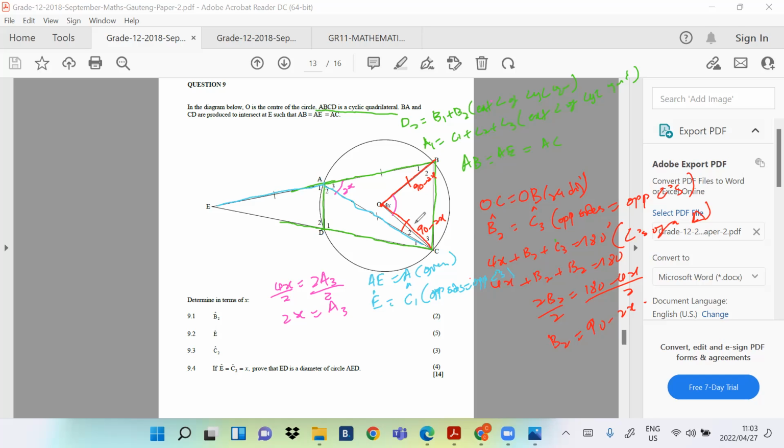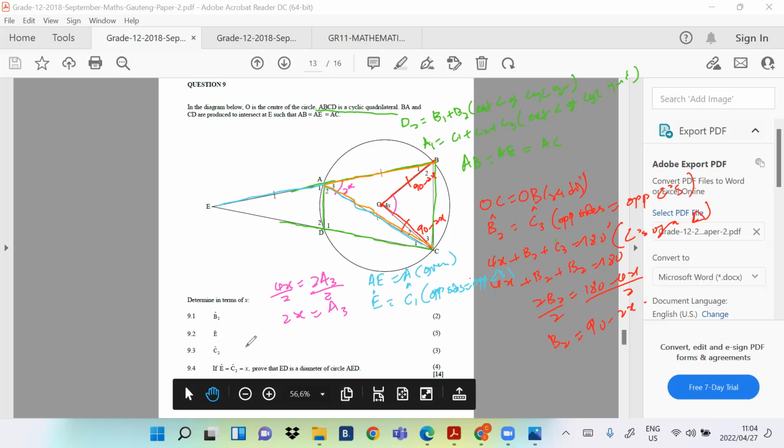Okay, so now, can you also see that the other one, this, is equal to that. So if AB is AC, this is given, right? Therefore, C2 and C3 are equal to B1 and B2, right?